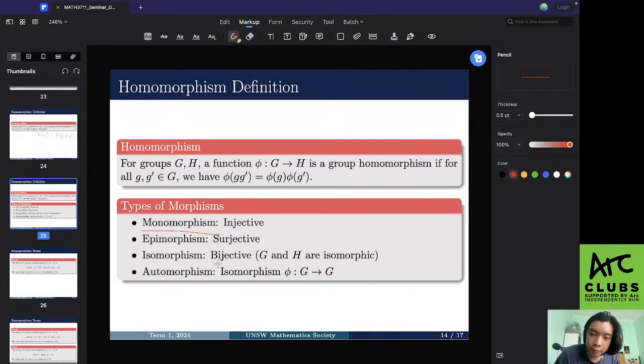Because in a homomorphism, this essentially allows elements to still act like a group. And so if we find a bijective function from G to H, then we can say that G and H are isomorphic, and so G and H are essentially equivalent.